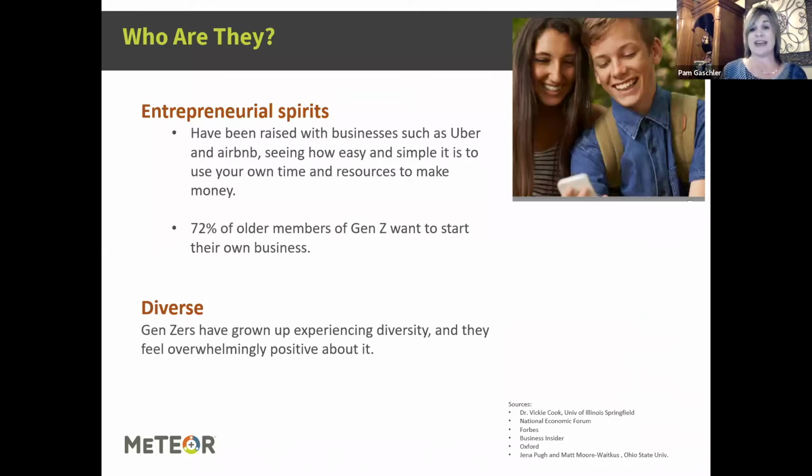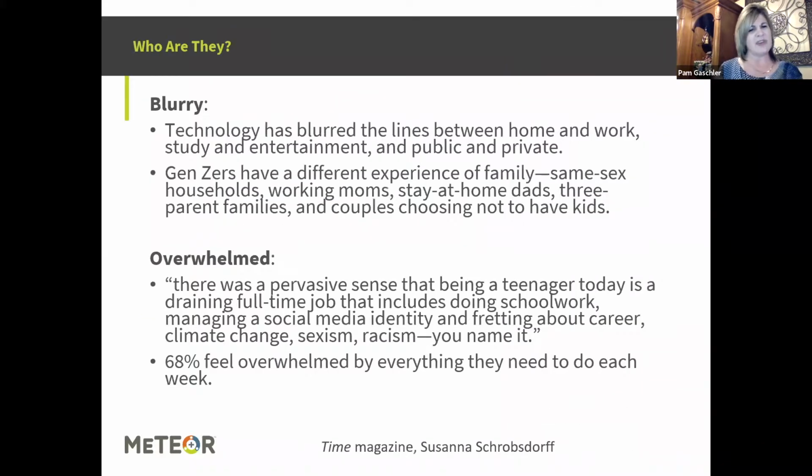This is also a diverse generation, and they're positive about it. So we as educators need to be positive as well and support them as they move forward. They're also noted as being blurry. They have so much technology, they tend to struggle with that device between home, work, study, entertainment, public, private.